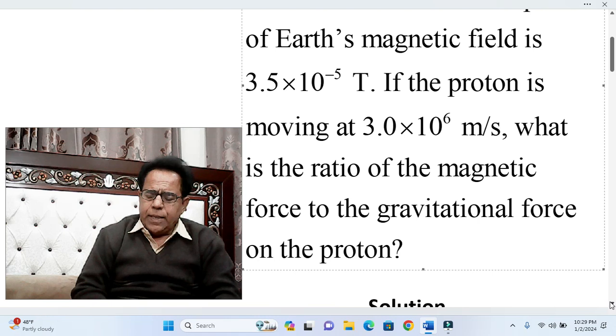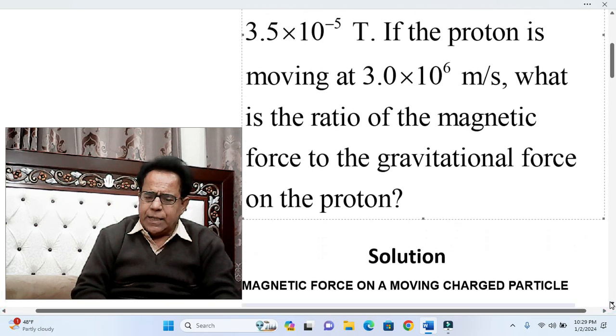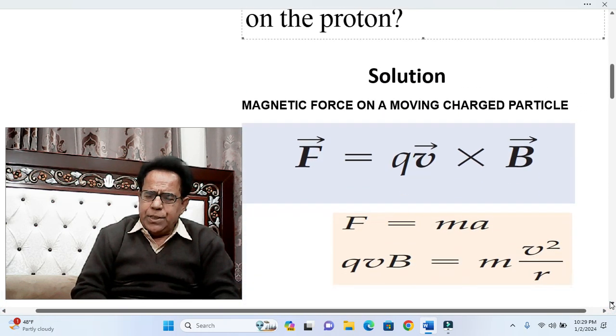The ratio of the magnetic force, which we will denote by FB, to the gravitational force, which we will denote by Fg, where G is gravitational and B is for magnetic field.